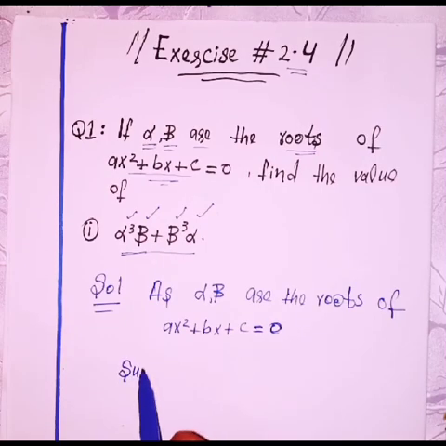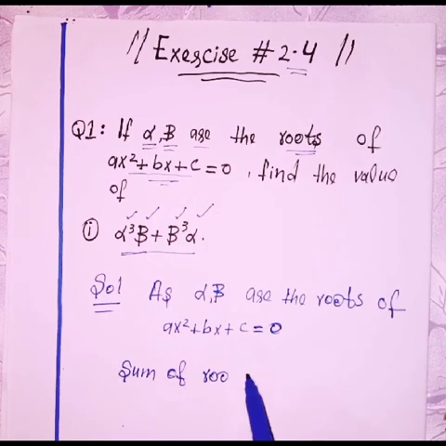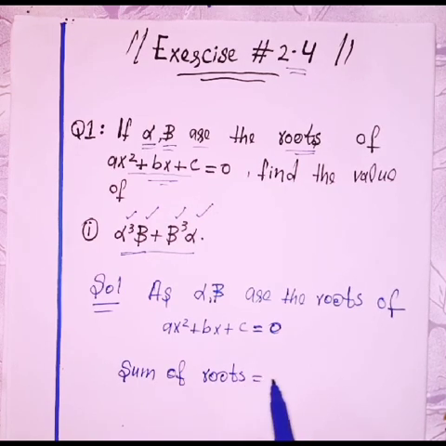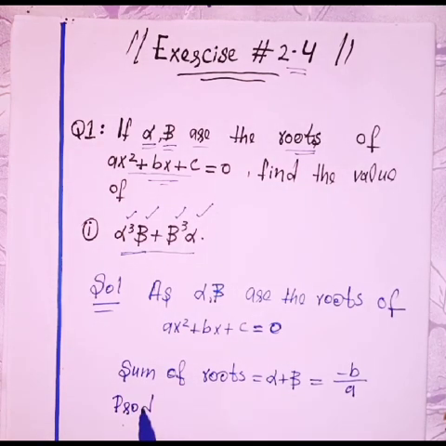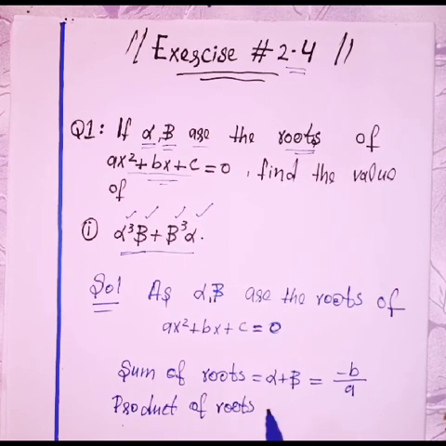Then we can write the sum of roots is equal to alpha plus beta, and we already know that the sum of roots is equal to minus b divided by a, and the product of roots, which is alpha into beta, is equal to c divided by a.